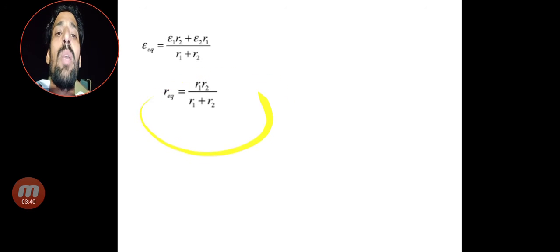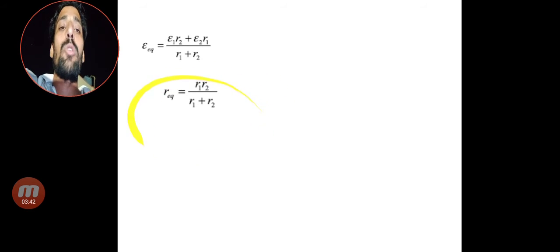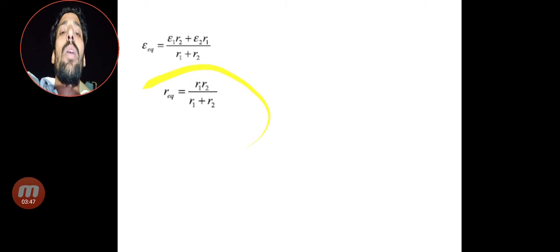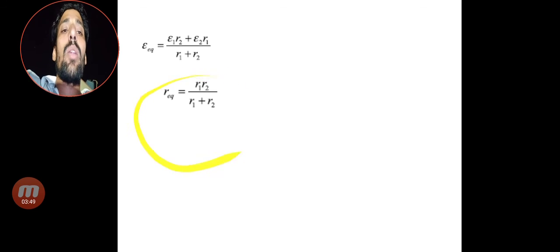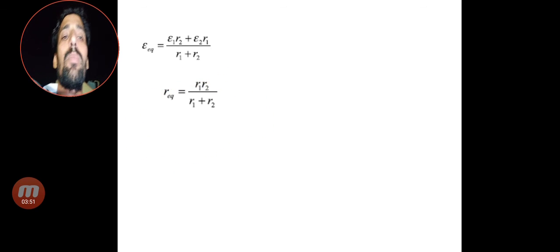Equivalent EMF E equivalent equals (E1 R2 plus E2 R1) upon (R1 plus R2), and equivalent resistance is R1 R2 upon (R1 plus R2). This is the same as 1 upon R equivalent equals 1 upon R1 plus 1 upon R2, which is the equivalent resistance of a parallel combination of resistors.